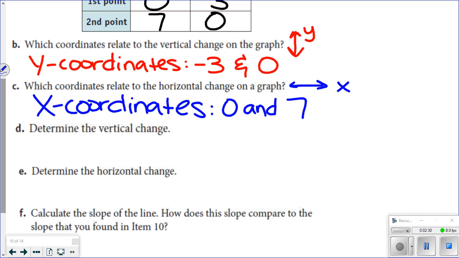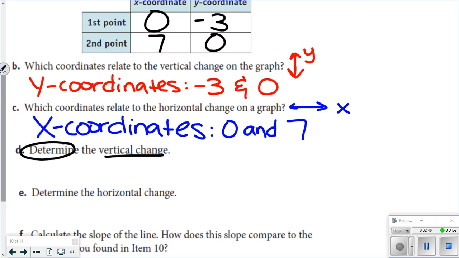Question D says determine the vertical change. Vertical is our y-coordinates from question B. If I'm looking for the change, I'm looking for the difference between those two things.